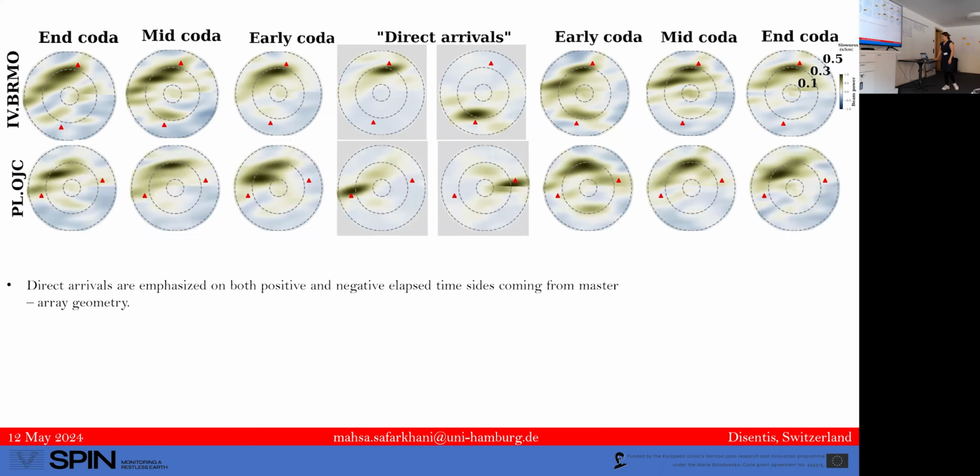I'll show you the result for OJC in Poland, and we can also see the direct arrival, and the orientation of the back azimuth changes based on the path between the master and receivers in the acausal and causal parts. But in the later part of the correlation wave field, we still see that the most coherency comes from the same direction, from the North Atlantic Ocean.